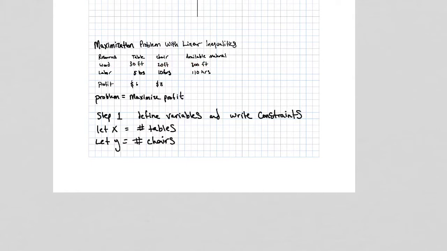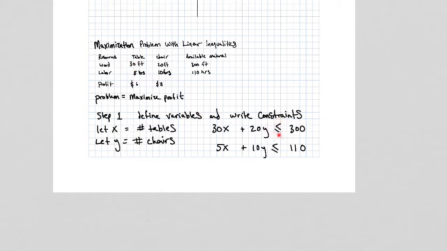We're going to say 30x plus 20y is less than or equal to 300, and 5x plus 10y is less than or equal to 110. We just get these numbers straight off the chart that we have here.